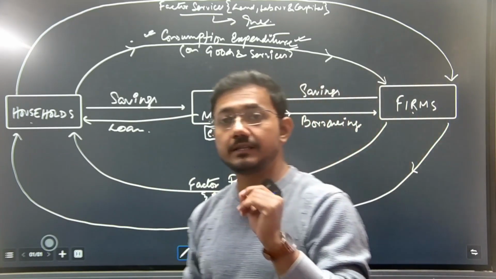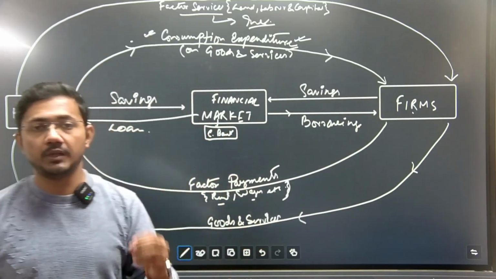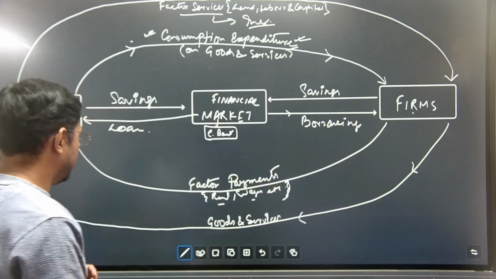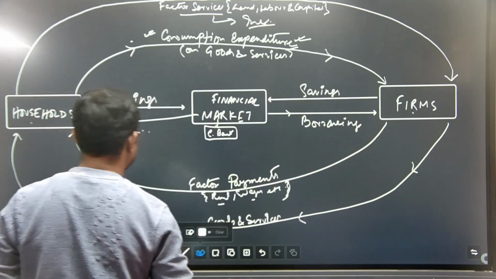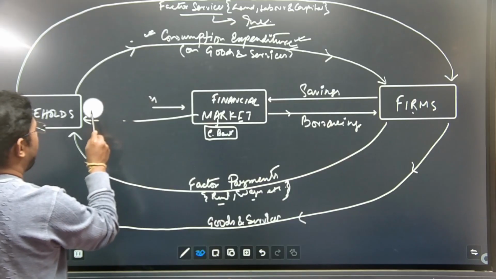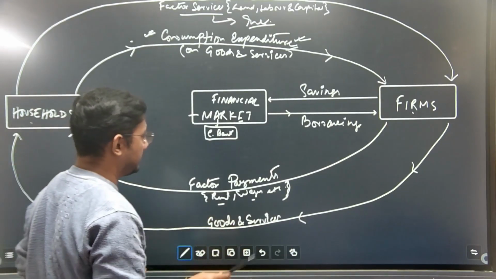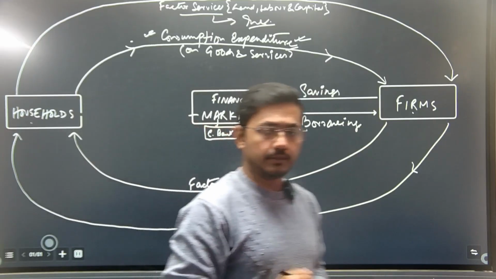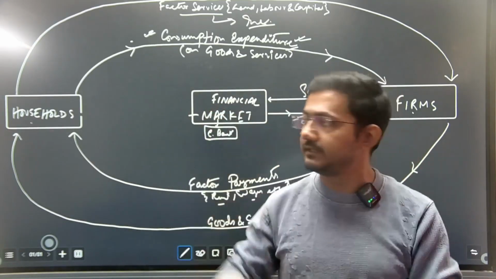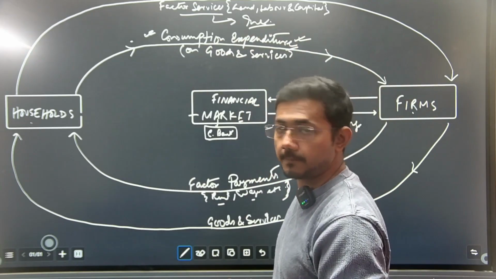Now, where does the problem arise? How can we link this circular flow of money with inflation? All right. Now look. Suppose the household is not mobilizing their saving to the commercial bank. They are just keeping cash inside their home, and whenever necessary, they are demanding goods and services.